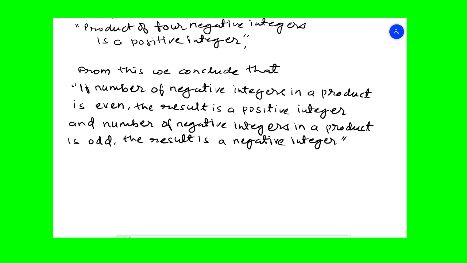When 3 negative integers are multiplied, we get a negative integer because 3 is odd. Then again, if 4 negative integers are multiplied, we get a positive integer because 4 is even. And when 5 negative integers are multiplied, we get a negative integer because 5 is odd. And this way we go on.